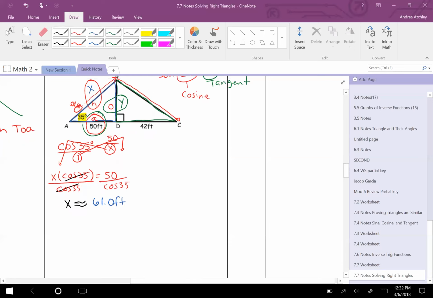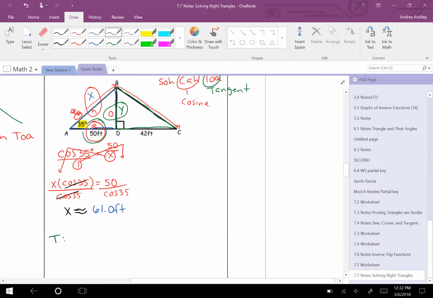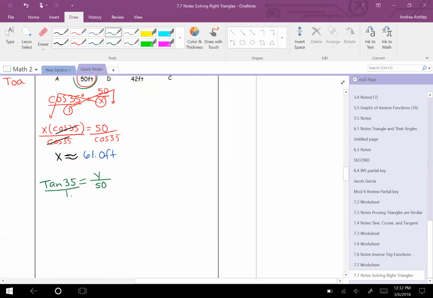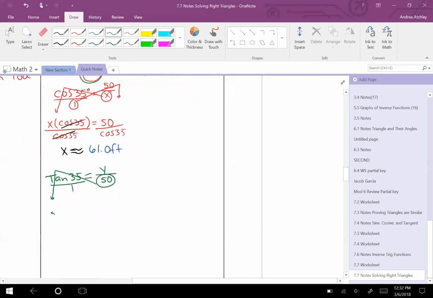Okay, so now I'm going to say the tangent of 35, sorry, we don't need about yet, is equal to the opposite, which is y, over the adjacent, which is 50. We put this over 1, and we cross multiply. One times y is y.